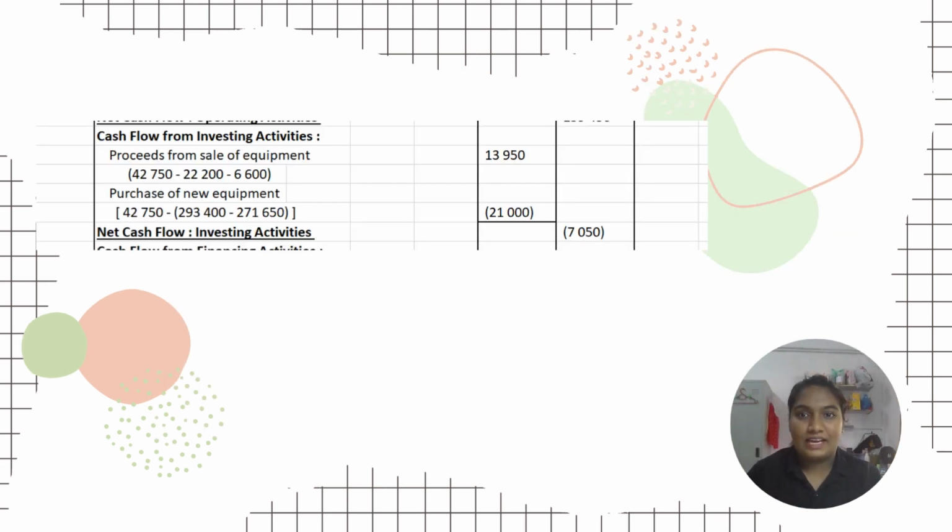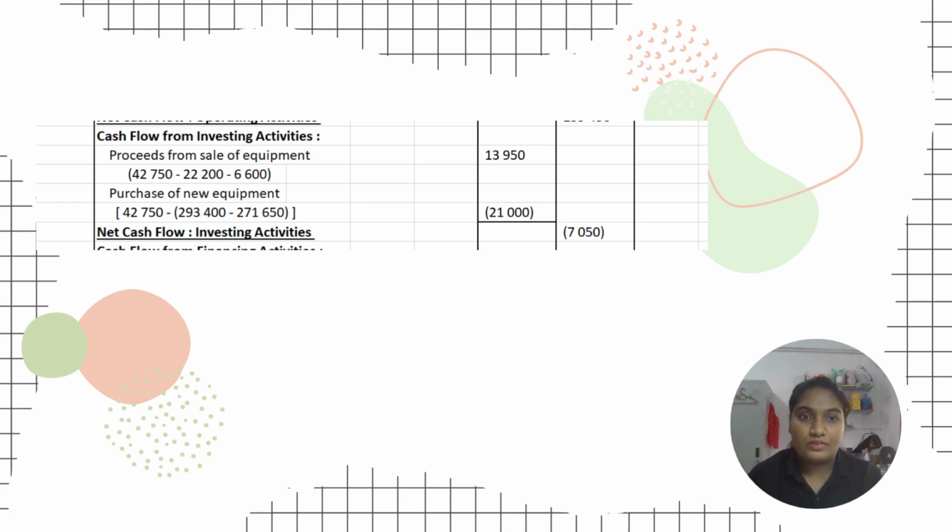Secondly, we will start with the cash flow from investing activities. First, proceed from sale of equipment, and the value we can get from the additional information of the question. 42,750 will be minus with the 22,200 and minus with 6,600.